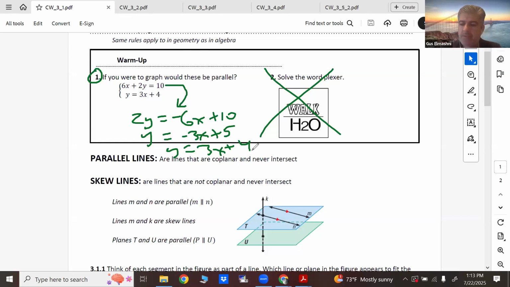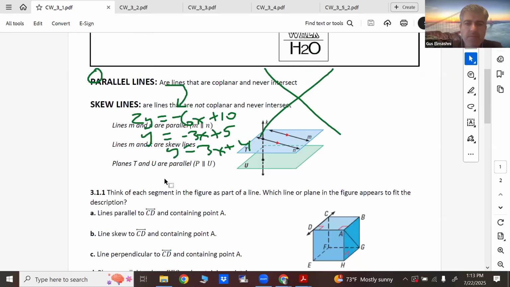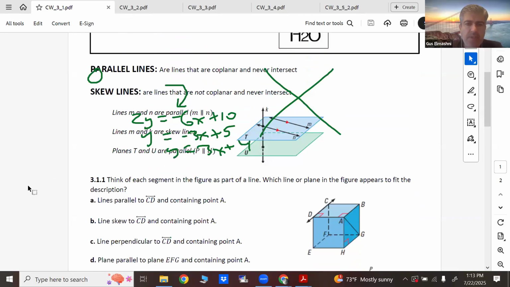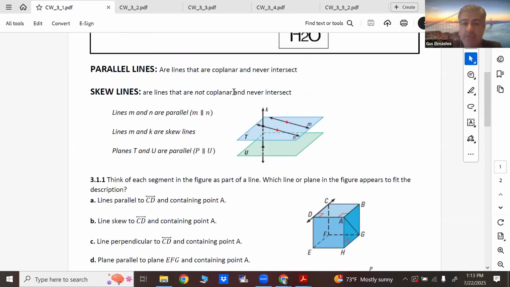So, okay, now let's talk about parallel lines. Essentially these are lines that are on the same plane but never touch.